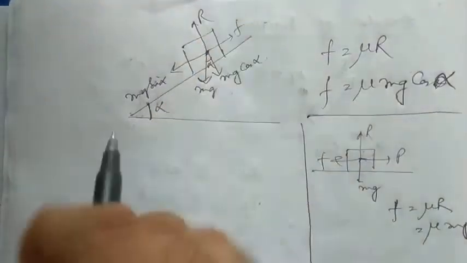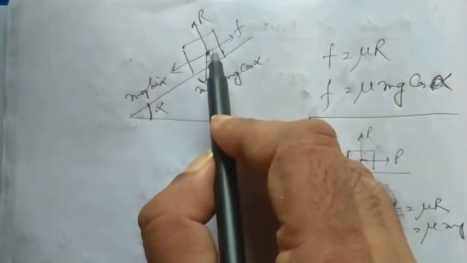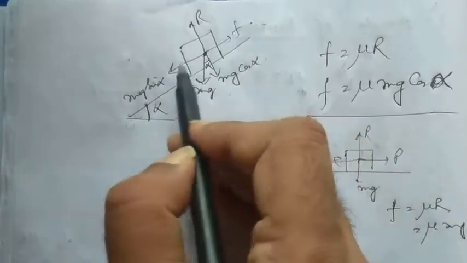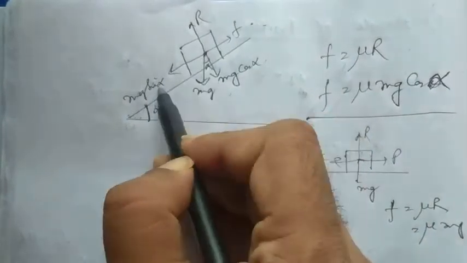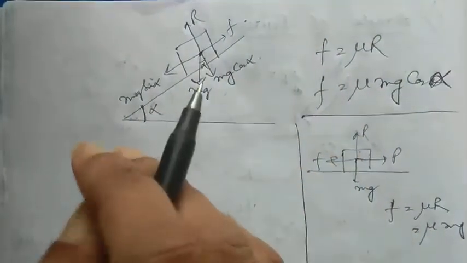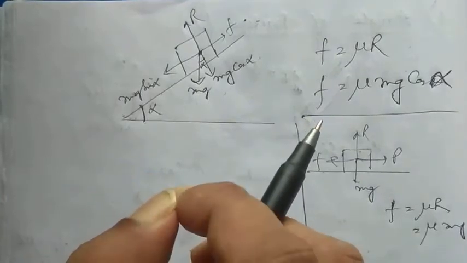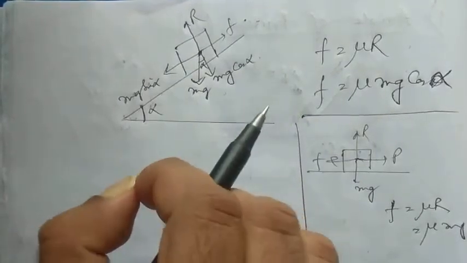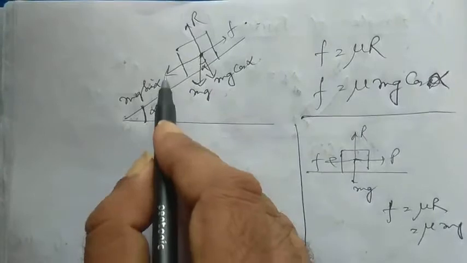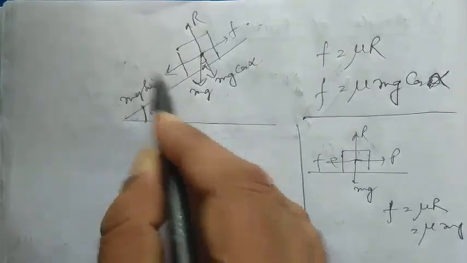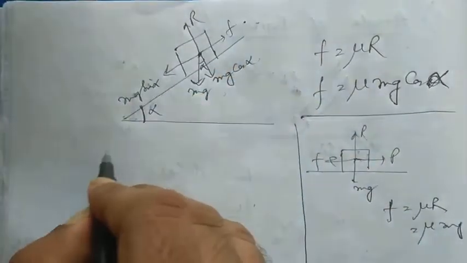So along the inclined plane, the frictional force is acting upwards and preventing the body from moving downwards. If the body has a tendency to move downwards but it is not moving, it is on the verge of moving, that means mg sin alpha is being balanced by this frictional force.